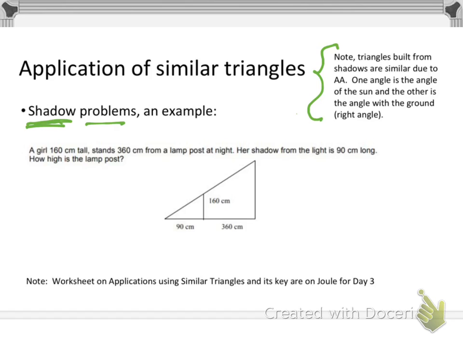One angle is the angle of the sun, or could be sun or street lamp, and the other angle is the angle with the ground, and that angle is always a right angle. So you've got two angles in common. That creates similar triangles.